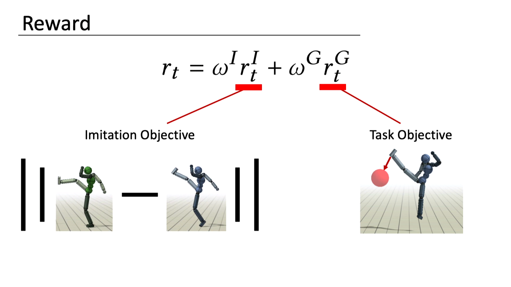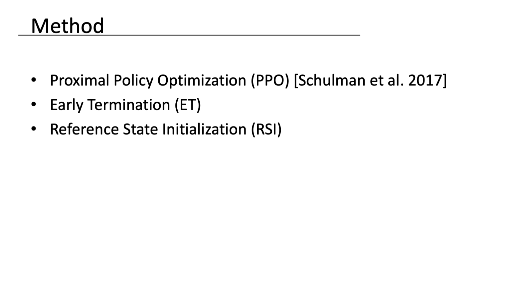And then the second component of the reward function encourages the character to satisfy certain task objectives, like hitting a target. And to train the policy, the algorithm that we'll be using is proximal policy optimization, which is a variant of policy gradient, which I think is covered in one of your previous lectures. And then there are some additional tricks that we need to get everything to work, but for the most part, they're all pretty simple and straightforward.